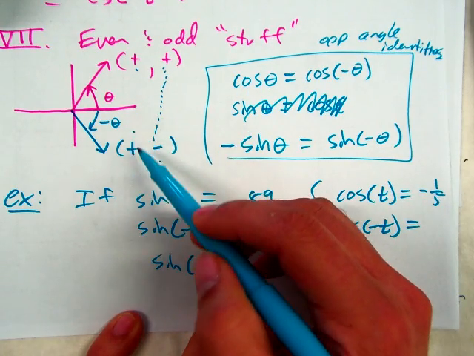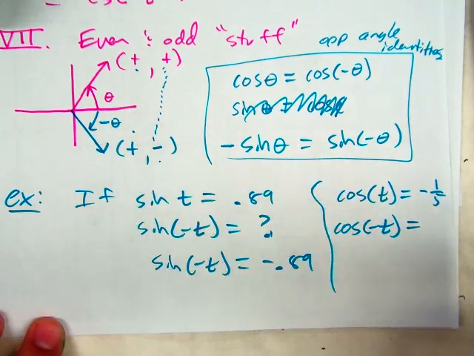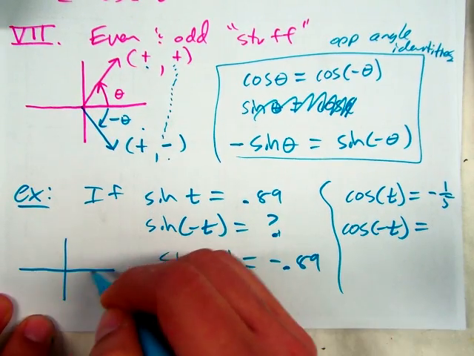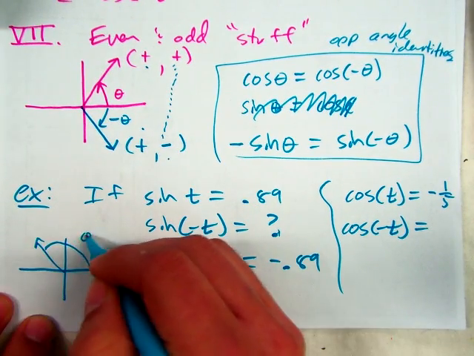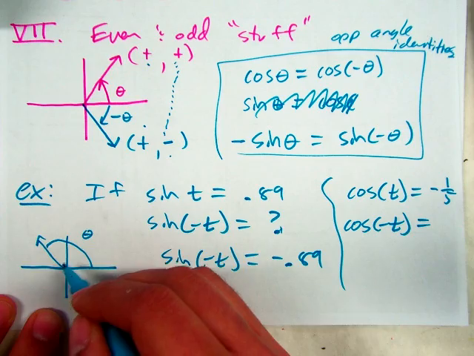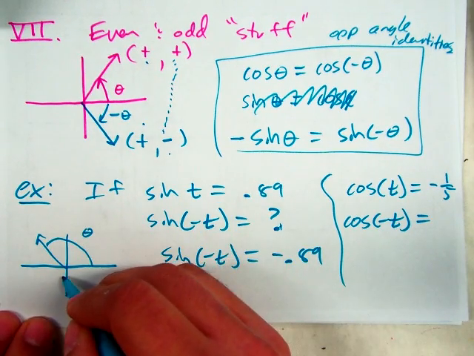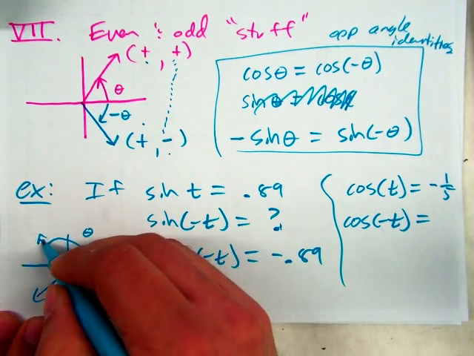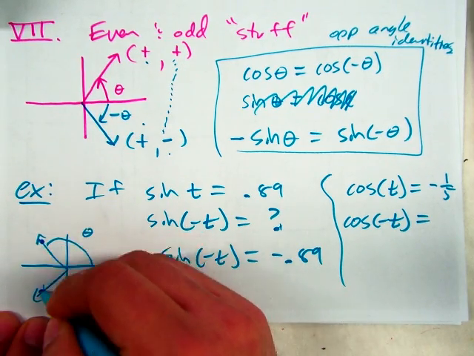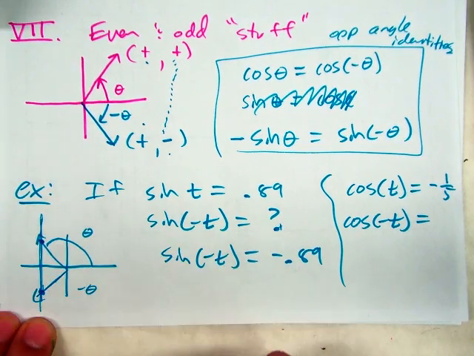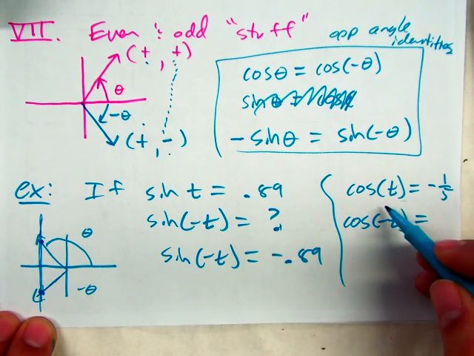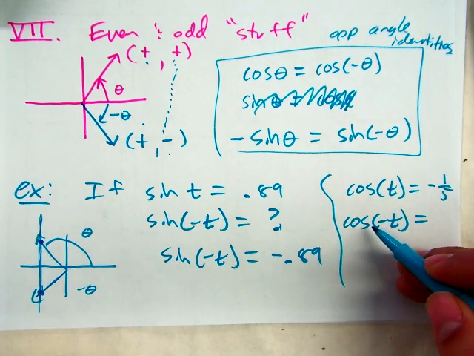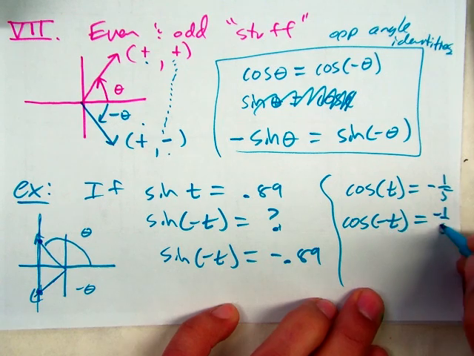If the cosine is negative, then theta's got to be over here somewhere, right? Well, where's negative theta? Just over here, right? What do you notice about these coordinates? These x-coordinates will be the same. So the cosine of t is negative 1/5 means that the cosine of negative t is also negative 1/5.